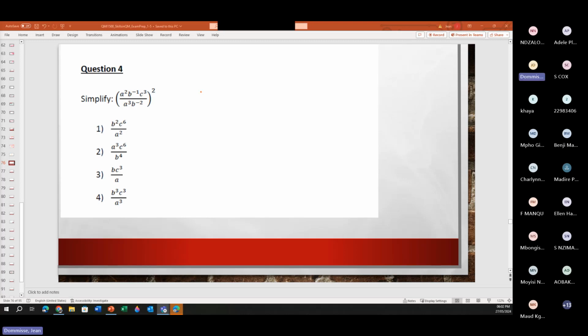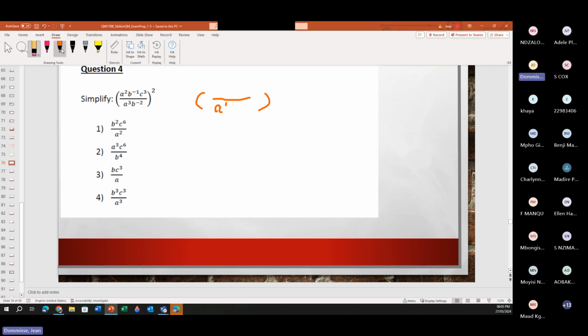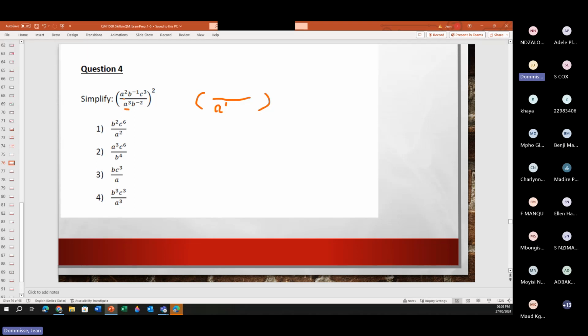So let's simplify within the bracket: a to the power of 2 at the top, a to the power of 3, so we've got one more at the bottom. So it's a to the power 1 at the bottom. Okay, so we're done with that.